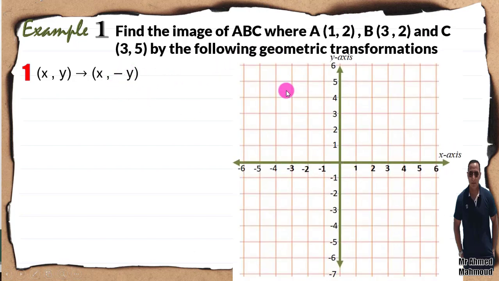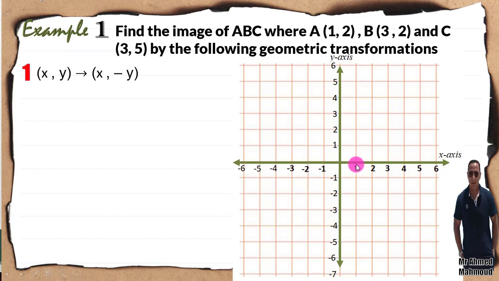I'm going to draw an x-axis and a y-axis in the graph. They intersect at 0. To the right we have 1, 2, 3, 4 and so on. To the left we have the negative signs. Up we have the positive. Down we have the negative. Don't forget, you have to write a number on each line.